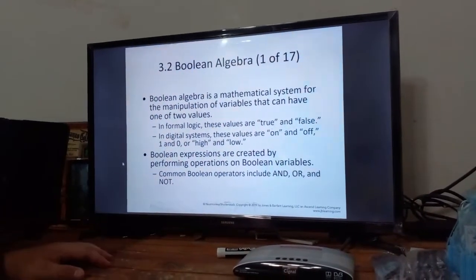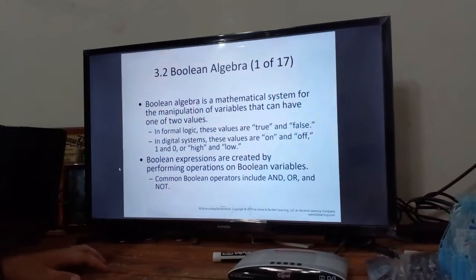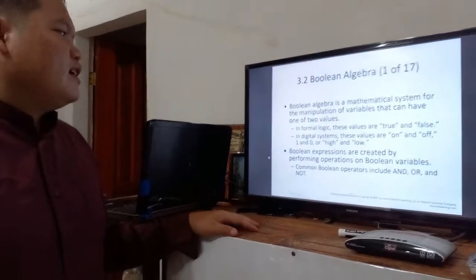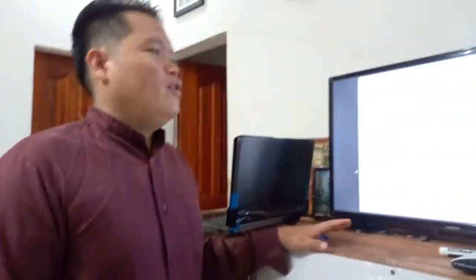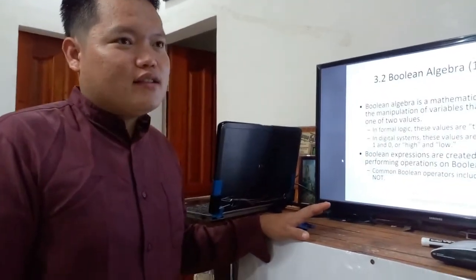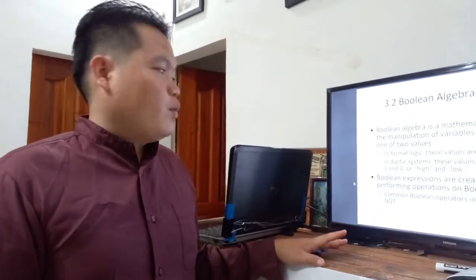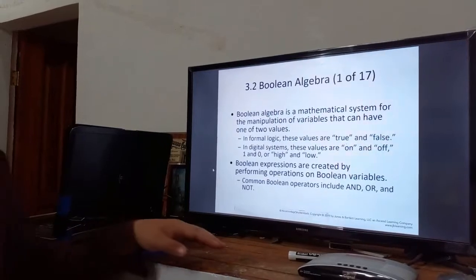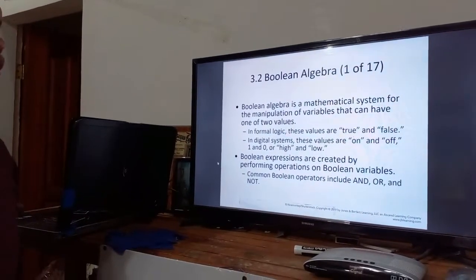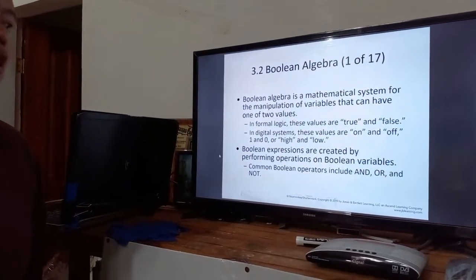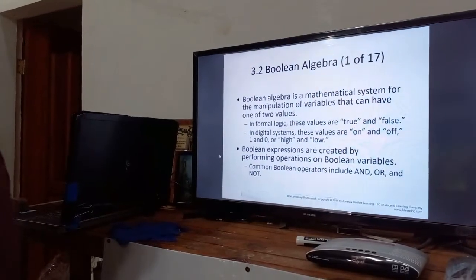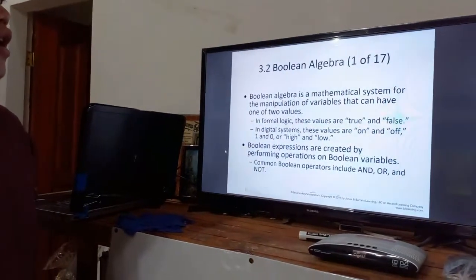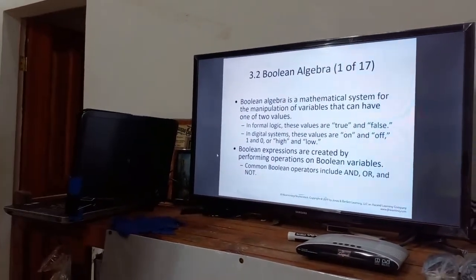In digital systems, these values are on and off, or 1 and 0, or high and low, in other words negative as 0 and positive as 1. Boolean expressions are created by performing operations on Boolean variables. Common Boolean operations include AND, OR, and NOT. These AND, OR, and NOT are the basic operations of Boolean algebra.